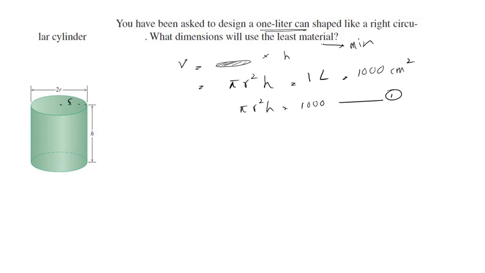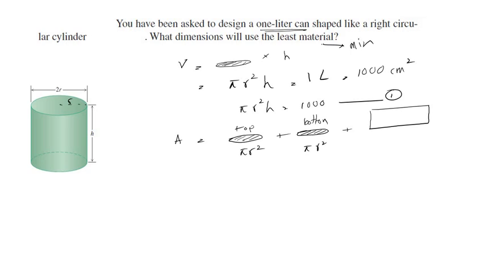Then the second equation is the area of the tin, the area of the can made out of tin. The area would be the base plus the base, because it's not an open can, so there are 2 bases, plus the sides. The area of the base would be pi r squared. The area of the top, this is the top and this is the bottom, is pi r squared.